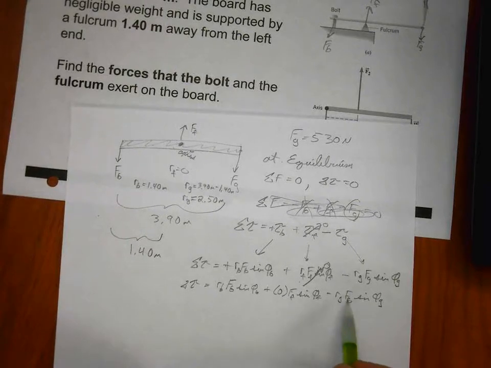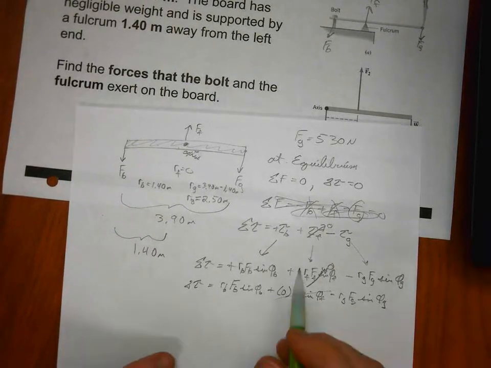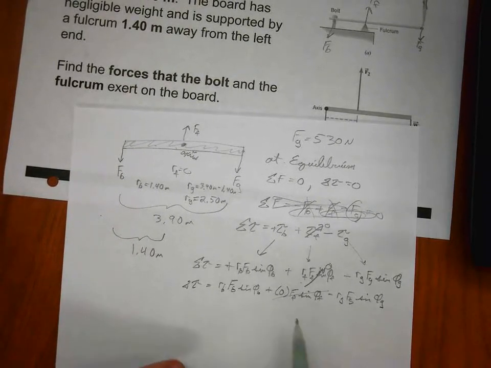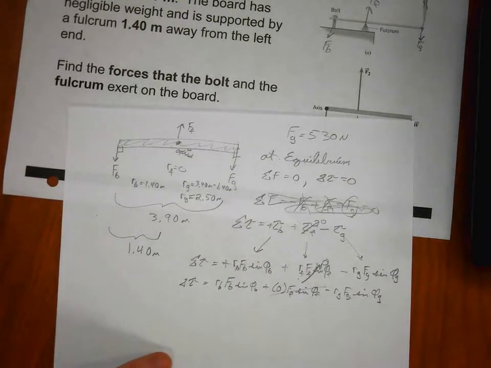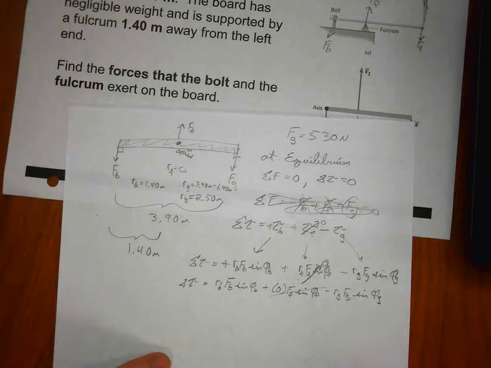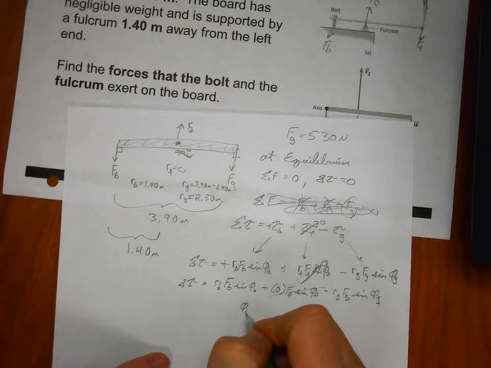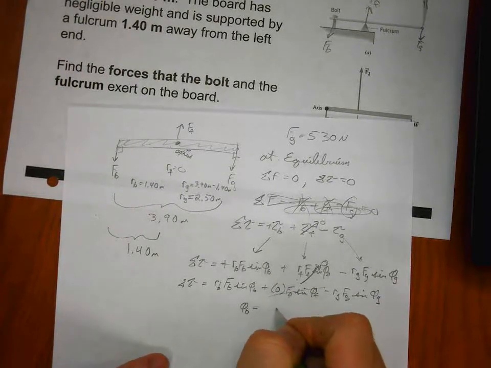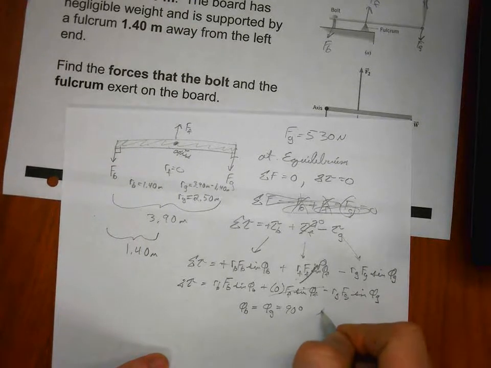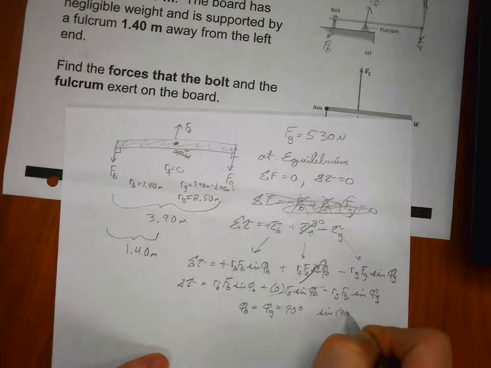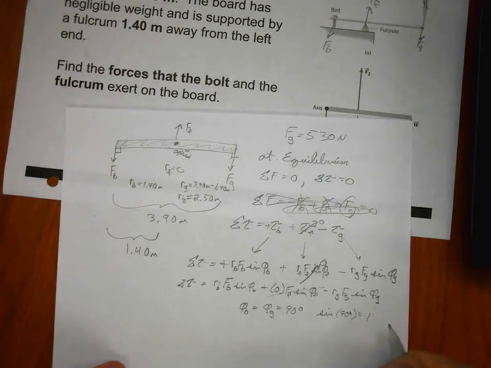As we said, this term's going to go away because it's equal to 0. What are these angles? Well, they're all directed downward because the board is horizontal. So those are 90-degree angles. So phi_B equals phi_G equals 90 degrees, and sine of 90 degrees equals 1.